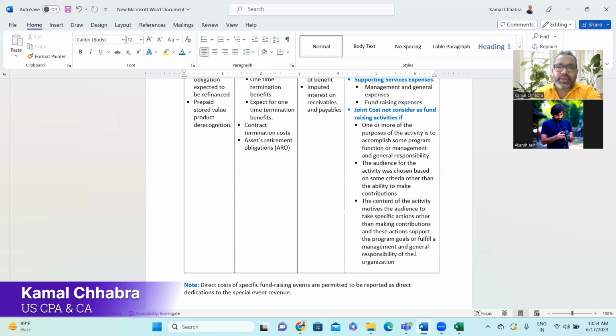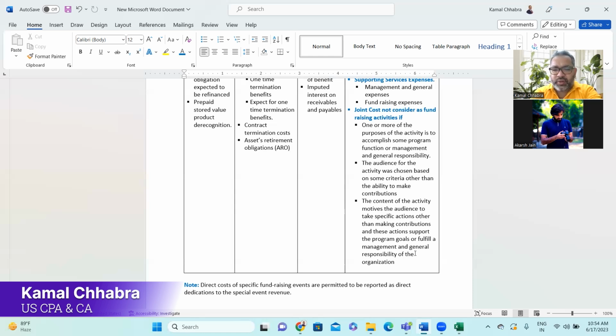So for example, there is an annual day of the trust, annual day of the church. In the auditorium they are celebrating the annual day, and they'll be talking about good things like humanity, people, God, and so on, right? And then parallelly people are also donating.